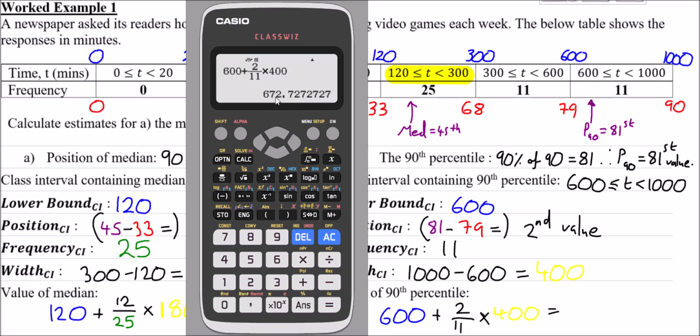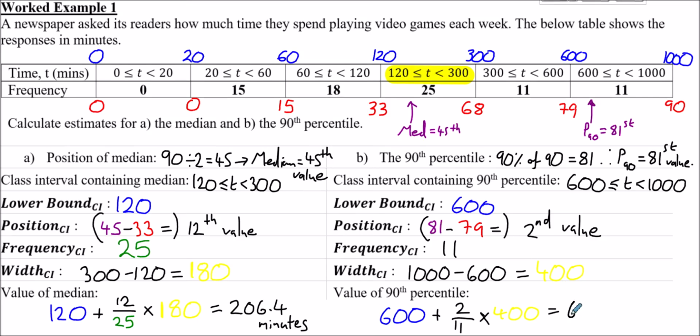We get, to one decimal place, 672.7. So we get 672.7 minutes. And from part A we had that, so that's the first worked example all done.